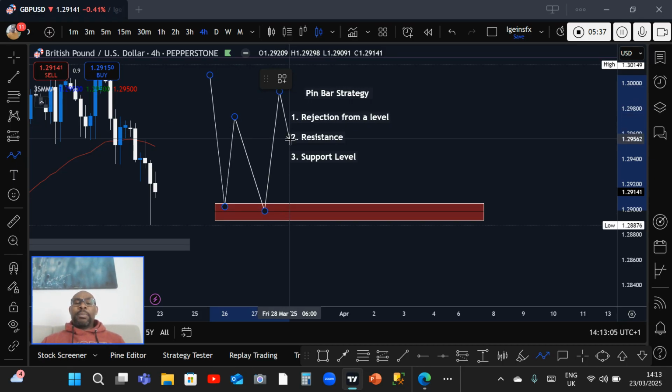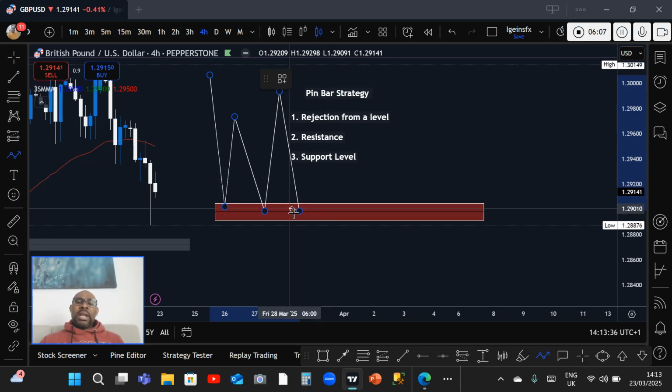Then when you see price coming again towards this level, get ready, because all this rejection here is data that has shown there is a support here. Now you know as a trader that when price gets to this point, there is every likelihood that it will reject and go bullish.